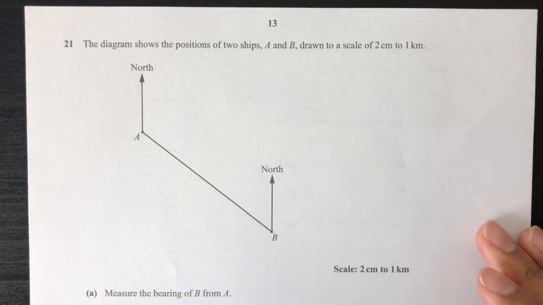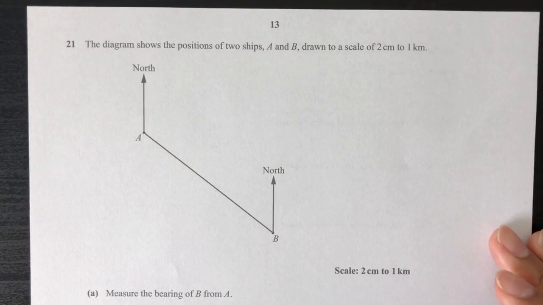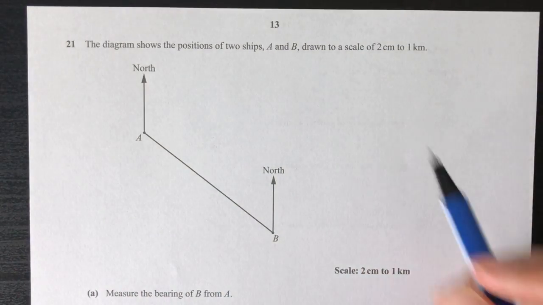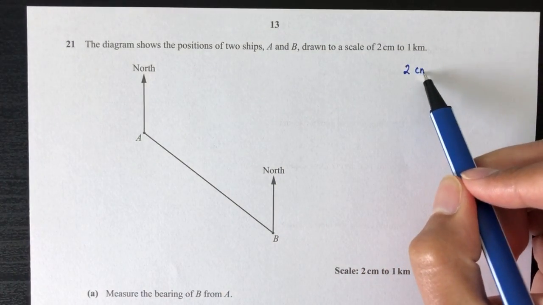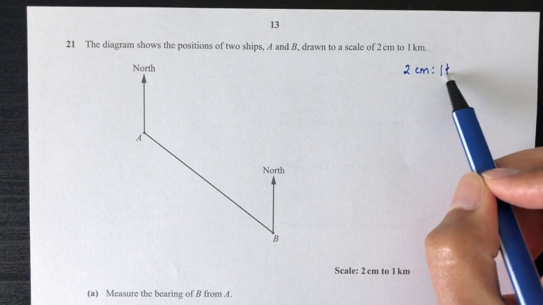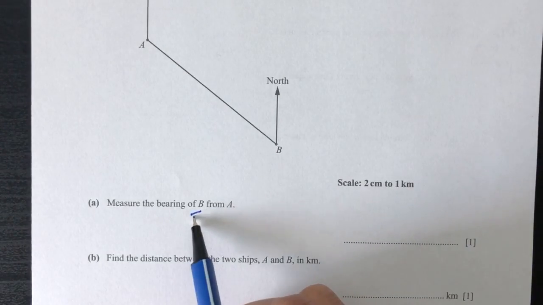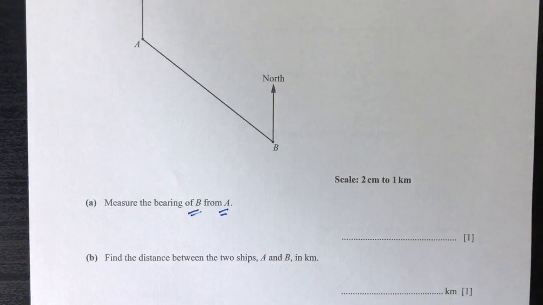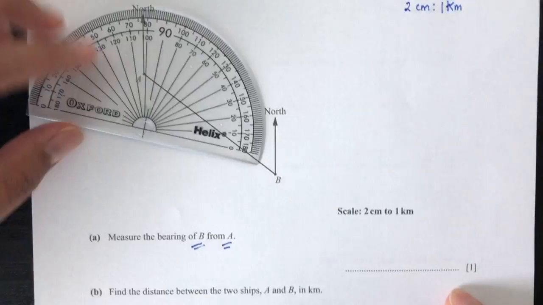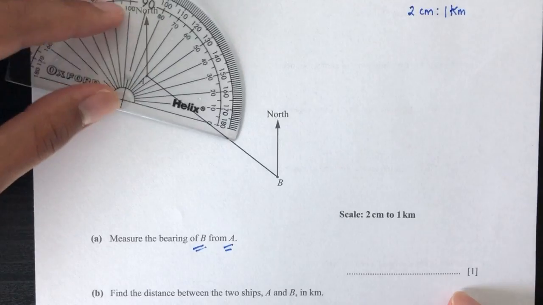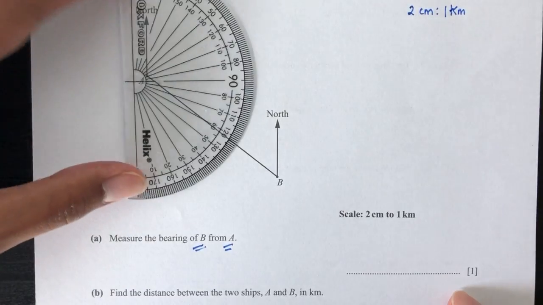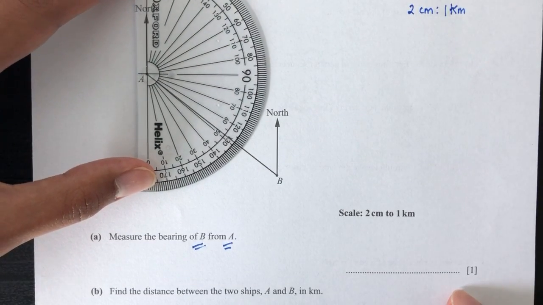Now question 21. The diagram shows the positions of A and B, so A and B here, on a scale of 2 centimeters to 1 km. Okay, so first one, measure the bearing of B from A. So measure this angle here from A. See what is this angle. This direction.